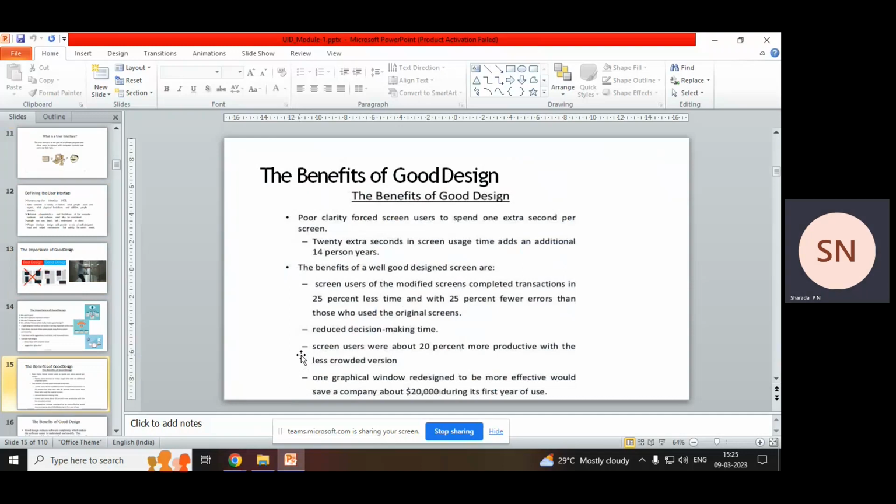Users of the modified screen took 25% less time with 25% fewer errors compared to the original screen. Another researcher has reported that reforming inquiry screens following good design principles reduced decision-making time by about 40%, resulting in a saving of 79 person-years in the affected system.